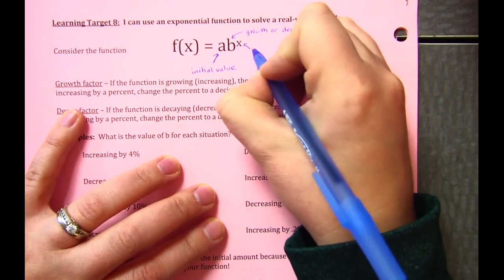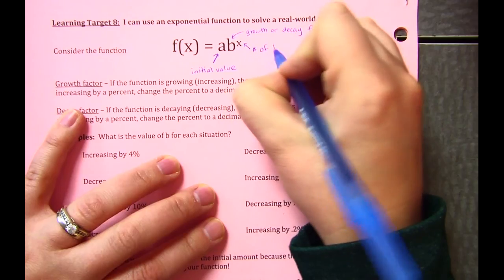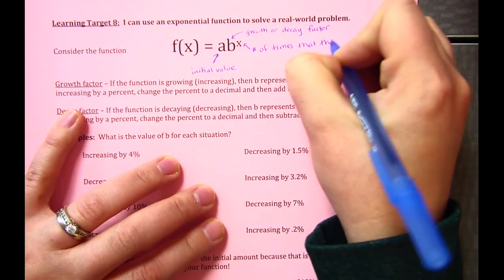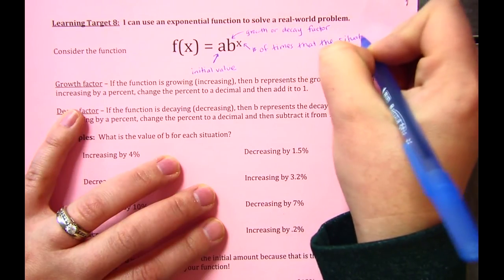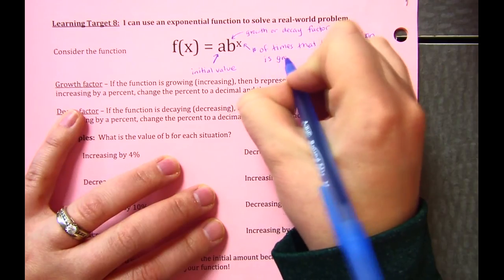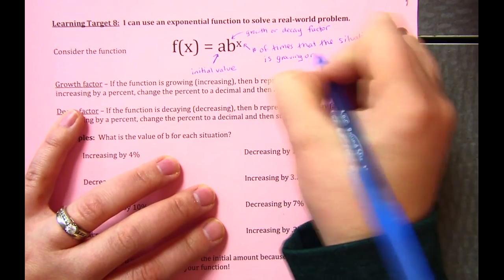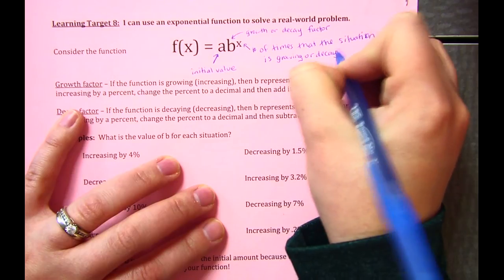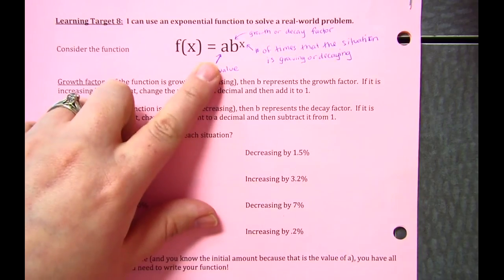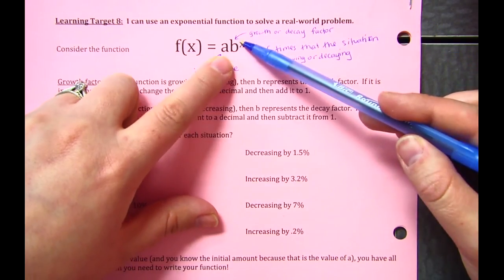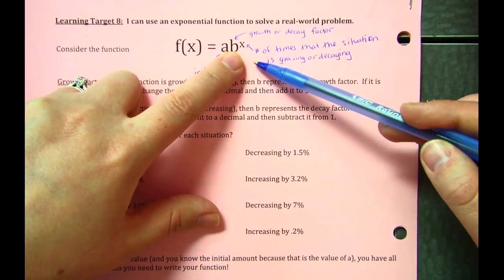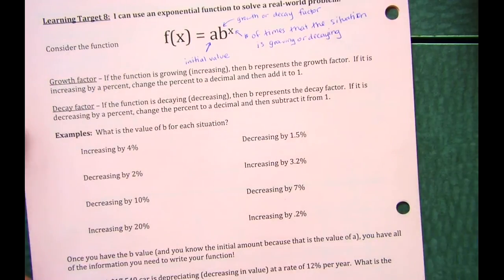And the x is the number of times that the situation is growing or decaying. So a is the initial value, b is the growth or decay factor, and x is the number of times the situation is growing or decaying.